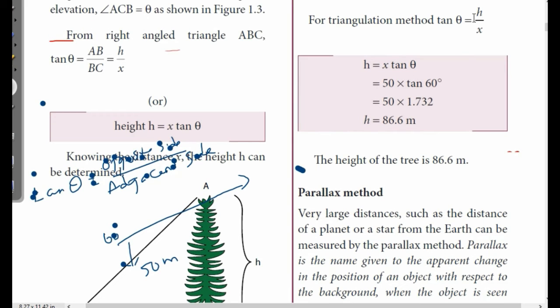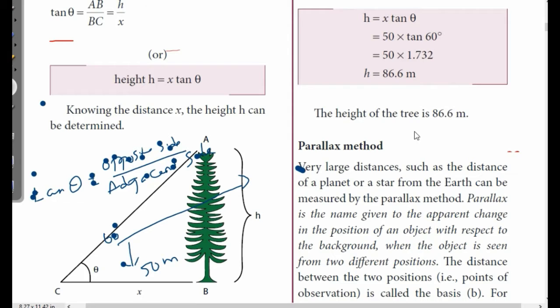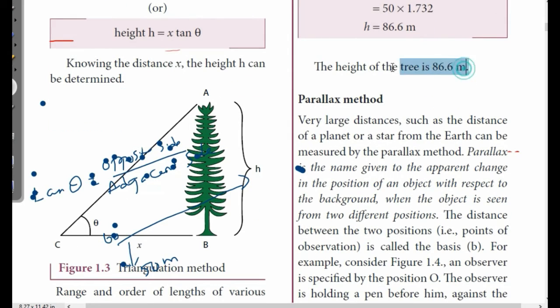H is equal to X tan theta, 50 into tan 60, which is 1.732, so H is equal to 86.6. So we measure the height of the tree as 86.6 meters. I think this will be very clear for you.